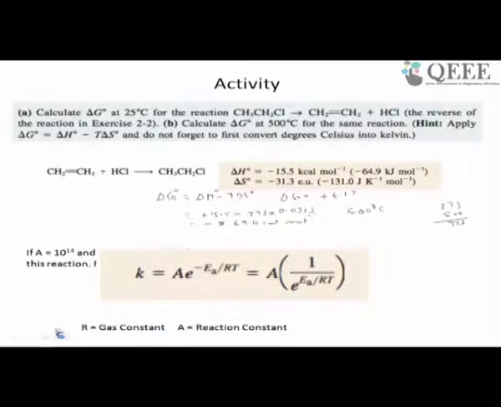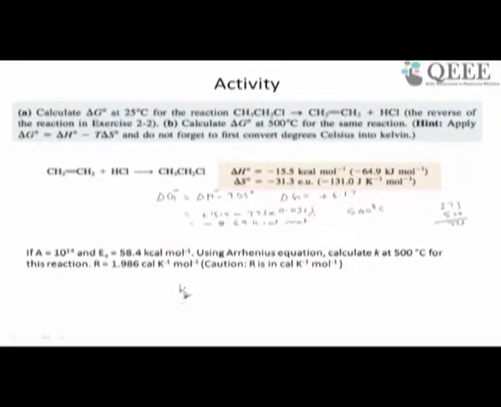K equals A e power minus EA by RT, and the temperature is given, that is 500, that is 773 Kelvin. R is 1.986 calories per mole. Energy of activation is given as 58 kilocalories.